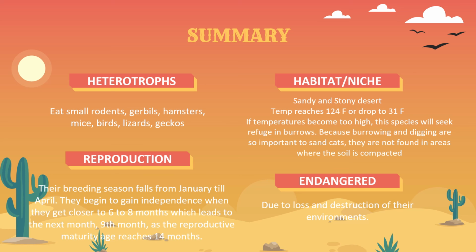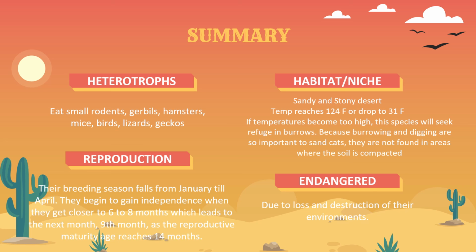If the temperature becomes too high, the species will seek refuge in the burrows that they make. They are, fun fact, extremely great diggers, which also contributes to their paws being furry as well as pretty rough and stiff.